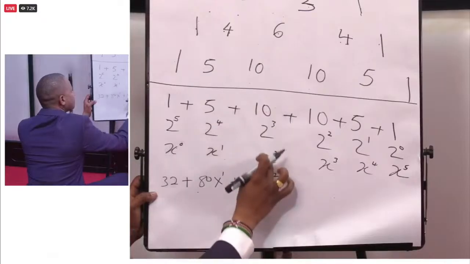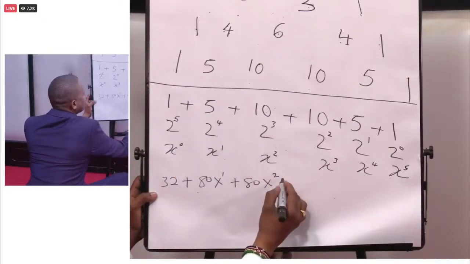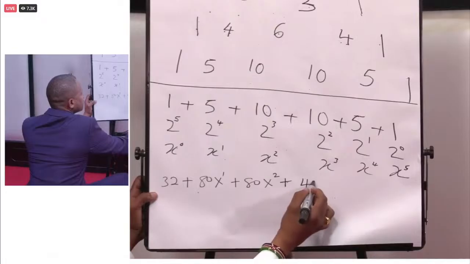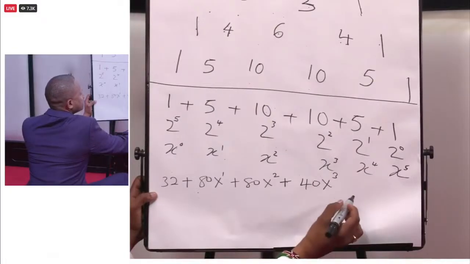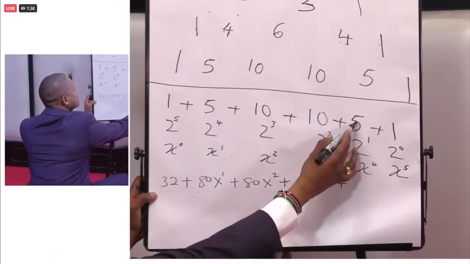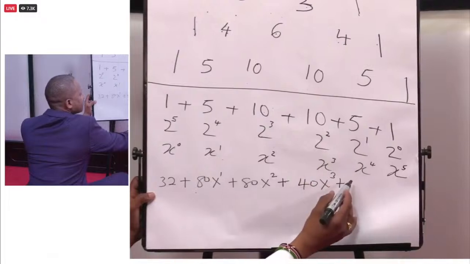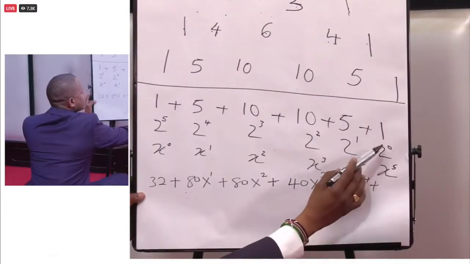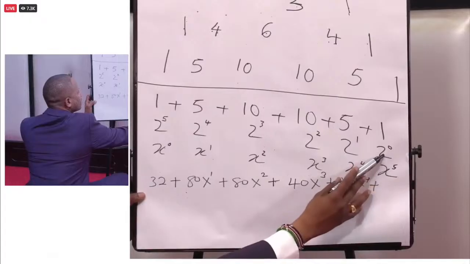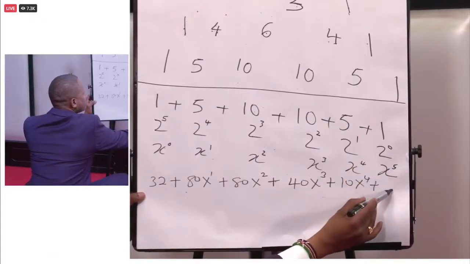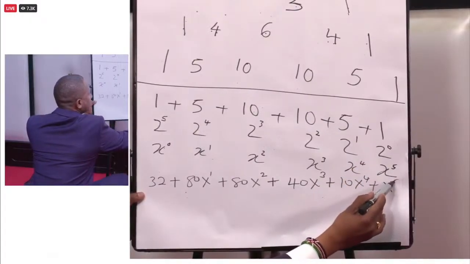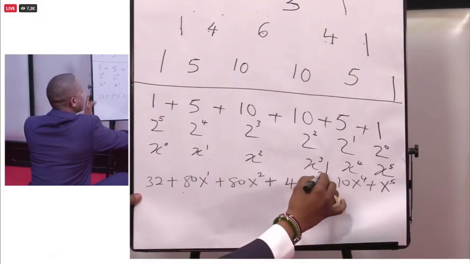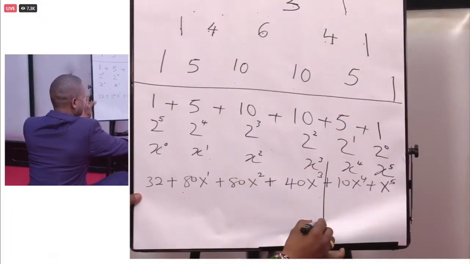Just multiply this and then you add them. Plus 2 raised to power 2 is 4 times 10 is 40 x cubed, plus 2 times 5 is 10 x raised to power 4, plus 1 times 1, 2 raised to power 0 is 1 times x raised to power 5 is x raised to power 5. But remember, we want up to the term x cubed.